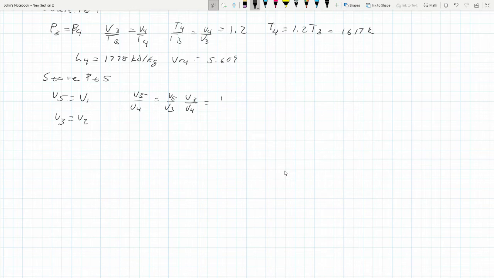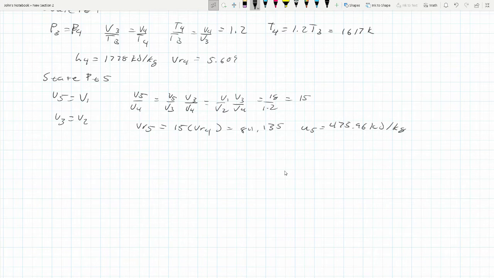So this basically becomes V1 over V2 times V3 over V4, which is equal to 18 over 1.2, which is equal to 15. So VR5 is equal to 15 times VR4, which is equal to 84.135. So at this point, we don't really care about the temperature. So U5 is 475.96 kilojoules per kilogram.